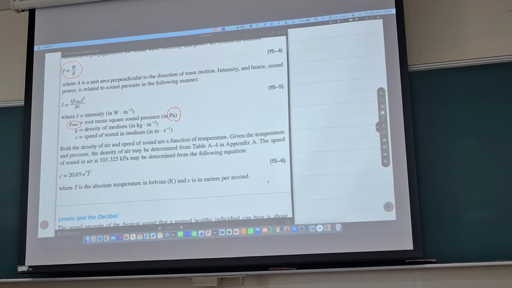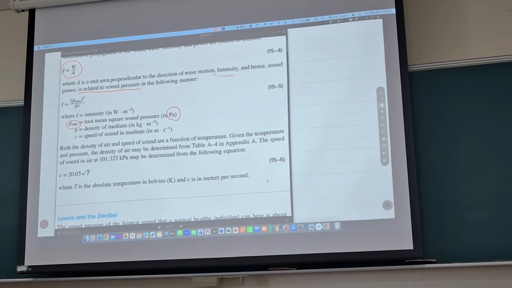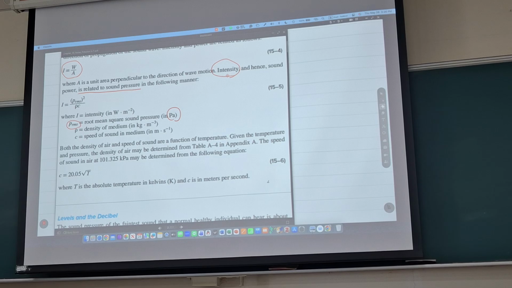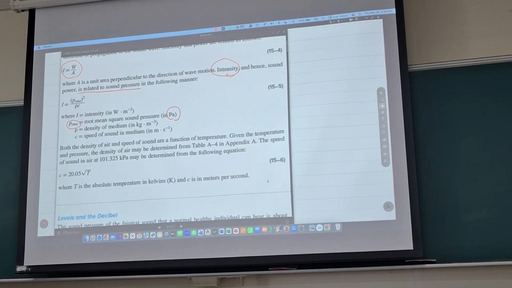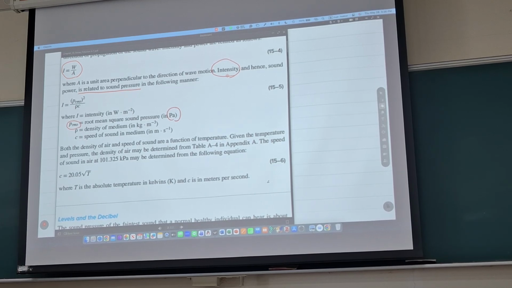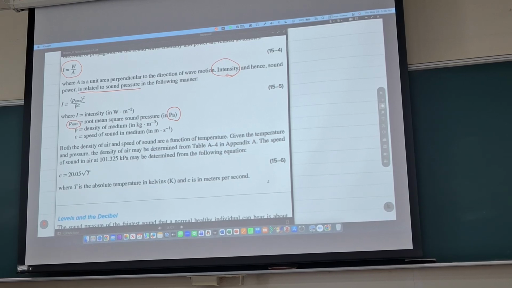Just underline this. Intensity is also related to sound pressure, as I mentioned in my PowerPoint slide previously. This is from the textbook.